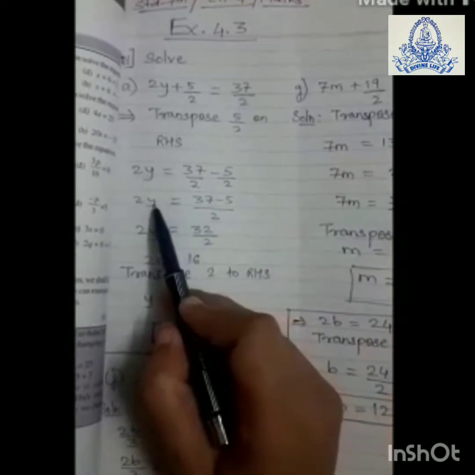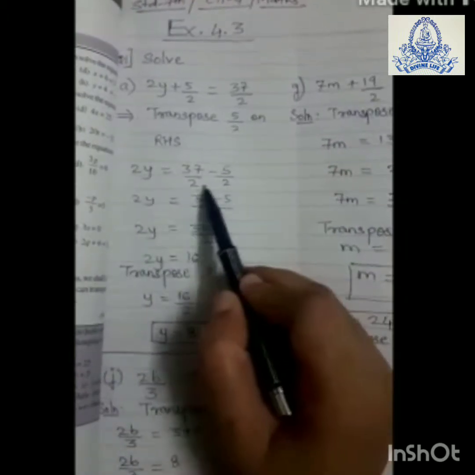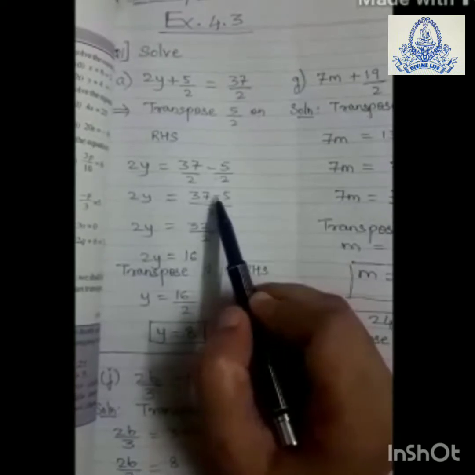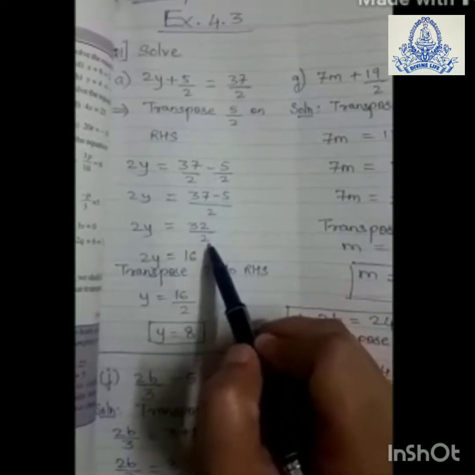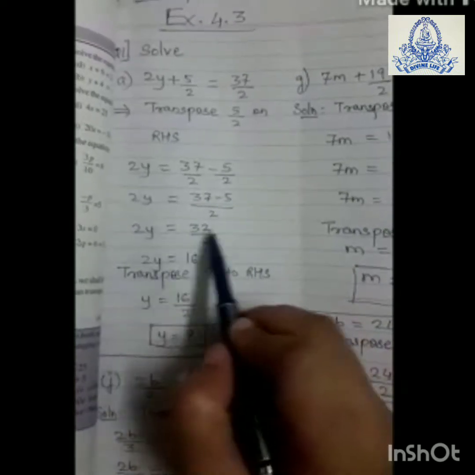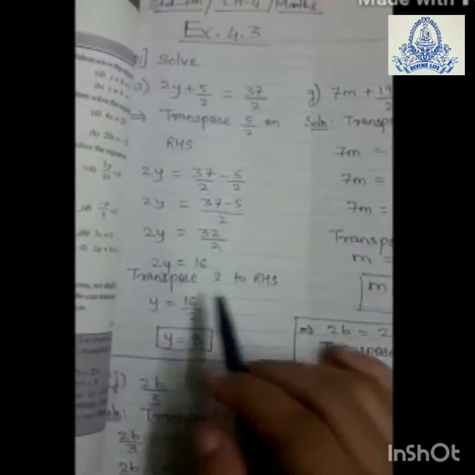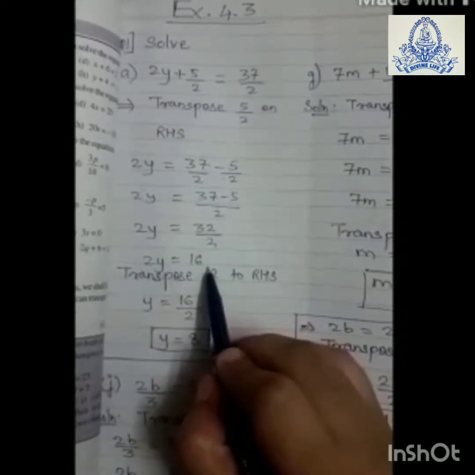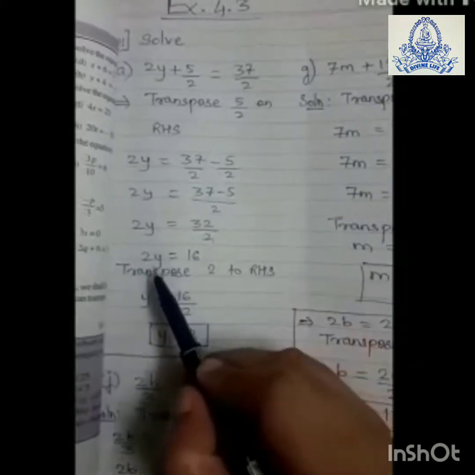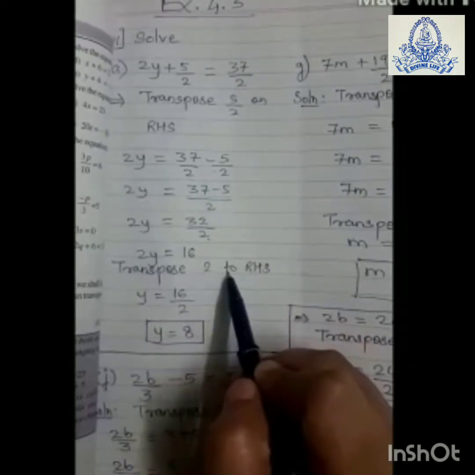Now 2y is equal to, the denominators are the same, so we can easily do 37 minus 5 upon 2, 32 upon 2. So 2y is equal to 16, since 2 16s are 32, we all know that. Now 2y is equal to 16, so transpose this 2 to the RHS.